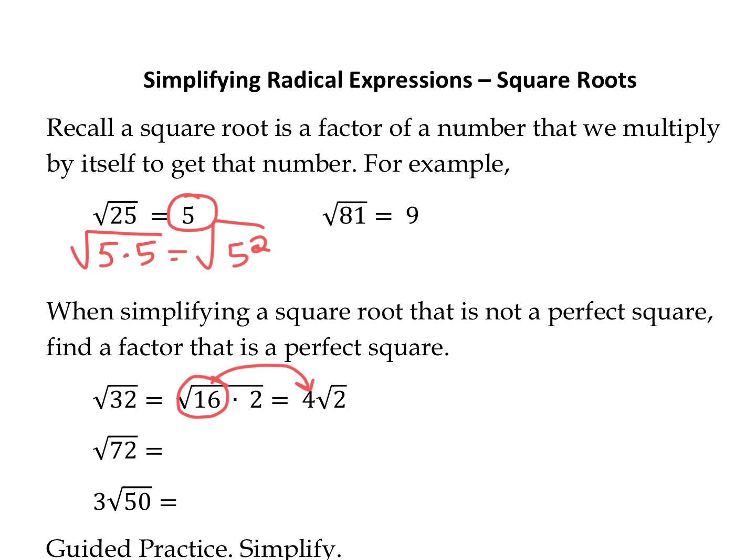Let's look at the square root of 72. You want to find a factor that you actually know the square root of. 72, we could turn that into some different things like 3 times 24. But if I make this 3 times 24, let's write it on the side here, because that's not what I want to do to help me simplify it. I don't know the square root of 3 or 24. Like here, we know the square root of 16. That helps us because we can square root the 16 to get the 4 simplified outside the radical.